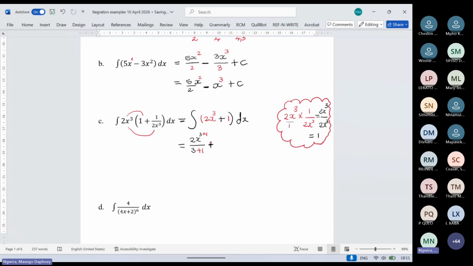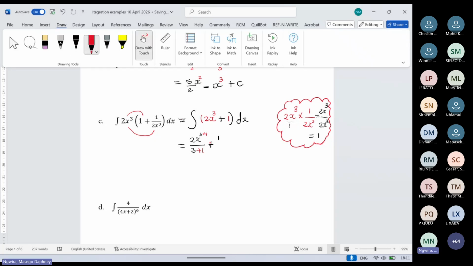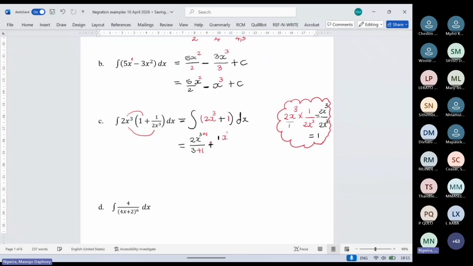Okay. And then now we go to this 1. So this will be 1, then x to the power of 0 plus 1. If you remember from the notes, from the recordings that I did, with the constant, this is what happens. You introduce the x because x to the power of 0 is 1. It does nothing to this one. So we introduce x to the power of 0, then you say plus 1.